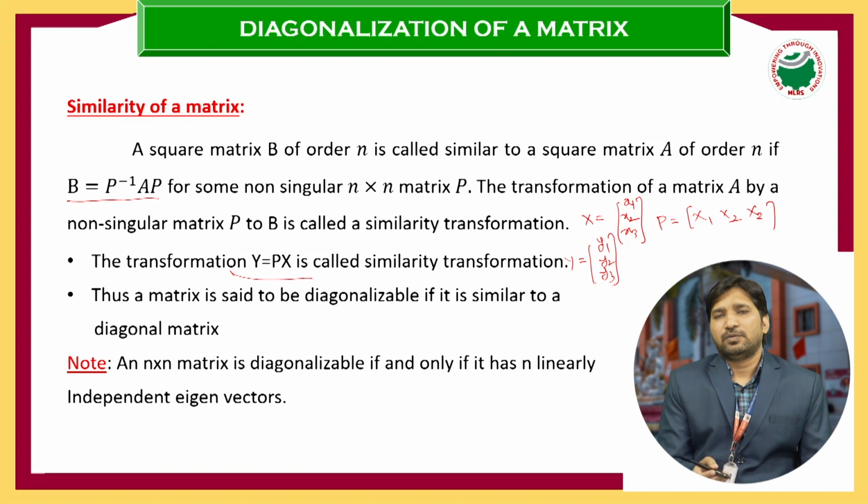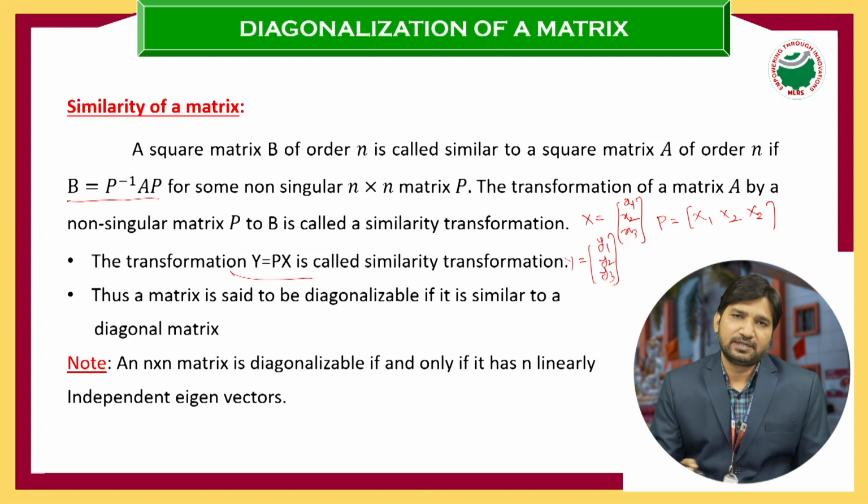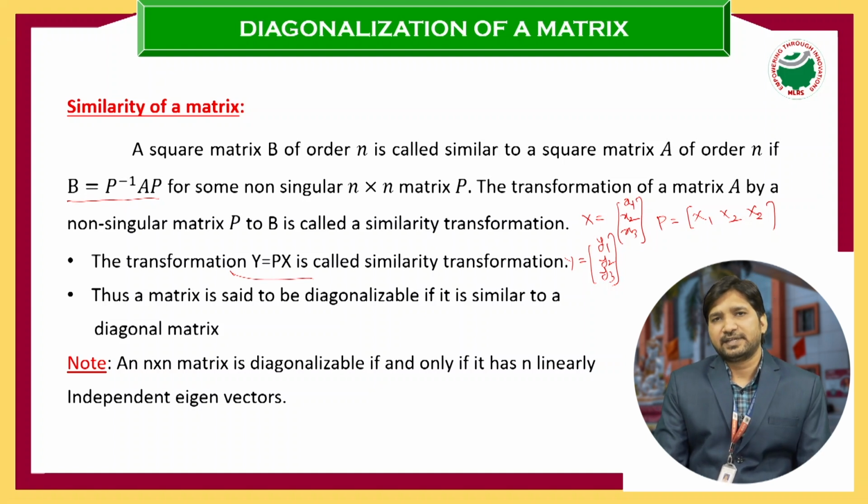For example, take any 2 by 2 matrix; it has 2 linearly independent eigenvectors. Take any 3 by 3 matrix; it has 3 linearly independent eigenvectors, and so on. An n by n matrix has n linearly independent eigenvectors.